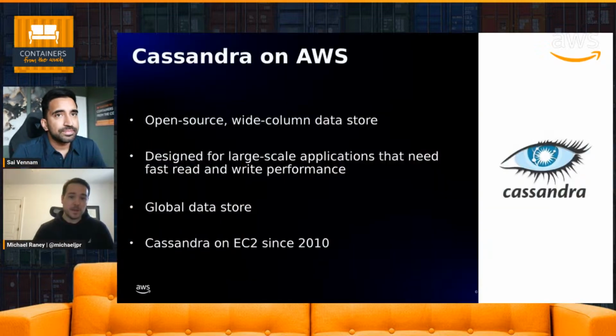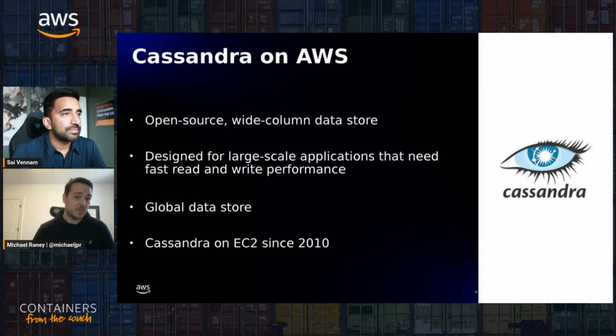Yeah, I guess as soon as Cassandra was created, people were running Cassandra on EC2, and as long as the project has been running, we've been able to run it on EC2. And so at AWS, we have a lot of experience with running Cassandra workloads.